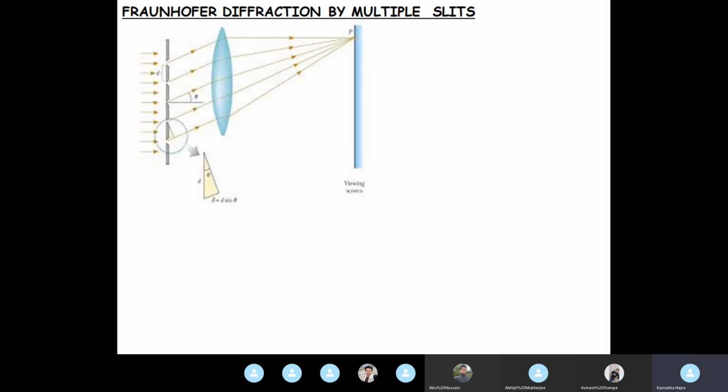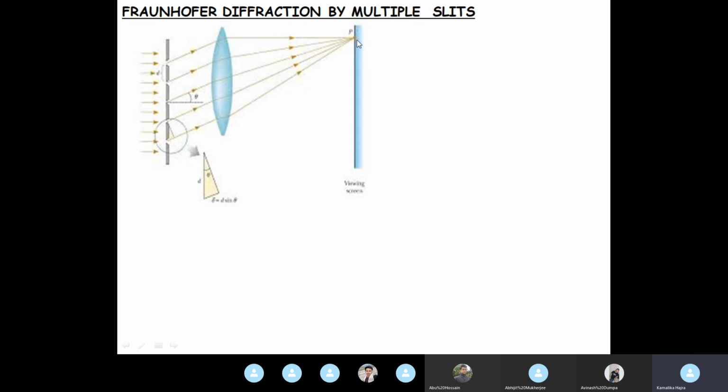And since it is Fraunhofer diffraction, we have made arrangements such that the incoming rays that fall on the multiple slits are parallel, and then a particular parallel beam which has been diffracted at an angle of theta is made to fall on a convex lens, and we have kept the screen on the focal plane of this convex lens so that this particular beam of parallel rays is converged to a point P on the screen.